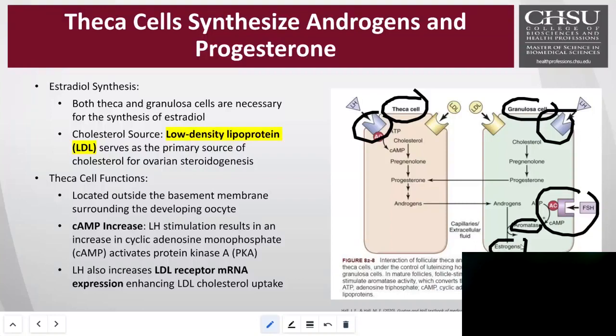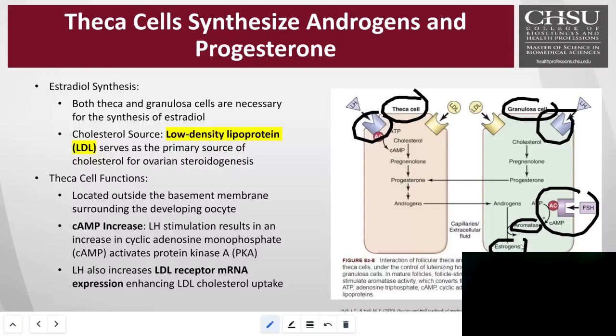When you hit menopause or if you have ovarian cancer, you don't get to choose what cells are damaged. In some cases, you might compromise all the granulosa cells, and therefore you're having a lot of androgen. You're like, why does this patient have so many male hormones when they have ovarian cancer? It's because the granulosa cells are damaged, so they don't have the enzyme activity to convert the androgens to estrogen.